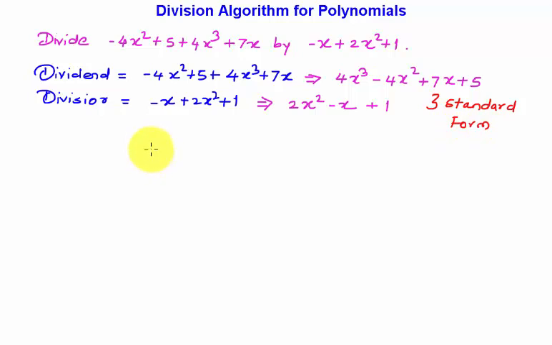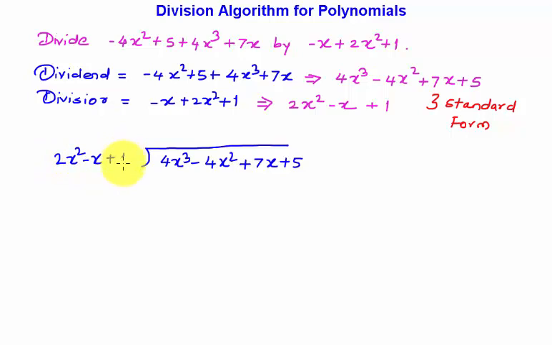Now let's carry out the actual division. So we'll take the dividend 4x cube minus 4x square plus 7x plus 5. Now the divisor is 2x square minus x plus 1. So let's carry out this division.